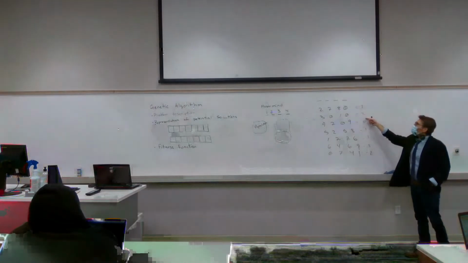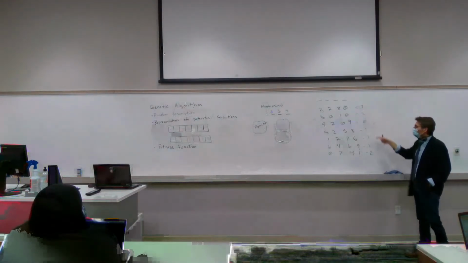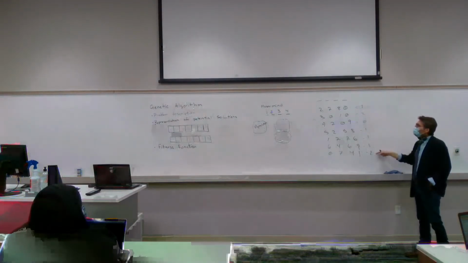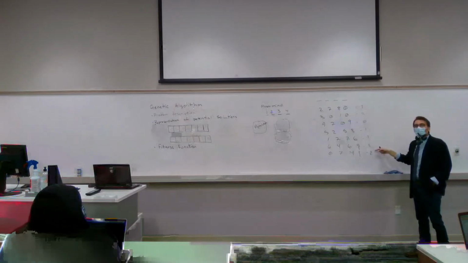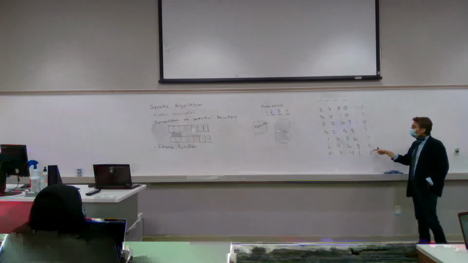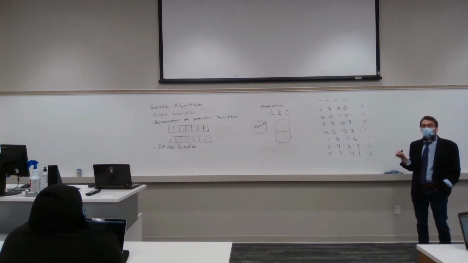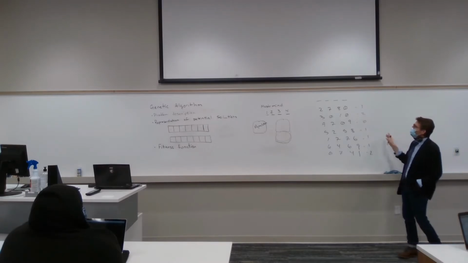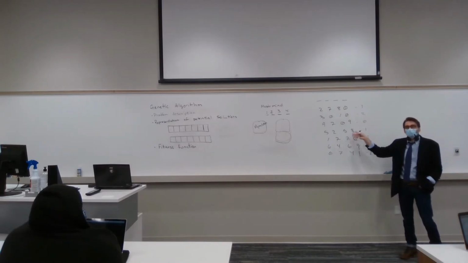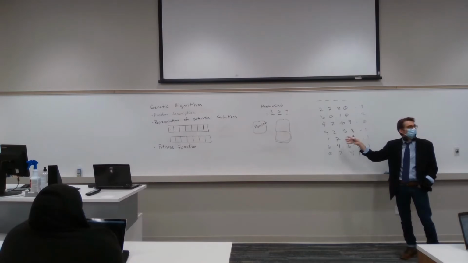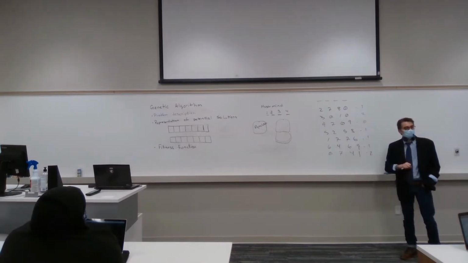But we might not want to just pick those two, because what do these two give us? They could potentially give us a 1, 4, and a 3, but they still can't give us a 2, right? So we don't want to completely rule out all the others because we don't know what they have going for them. So we might want some of the others to stick around as well.